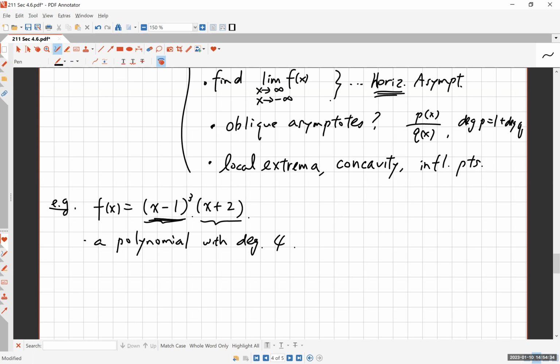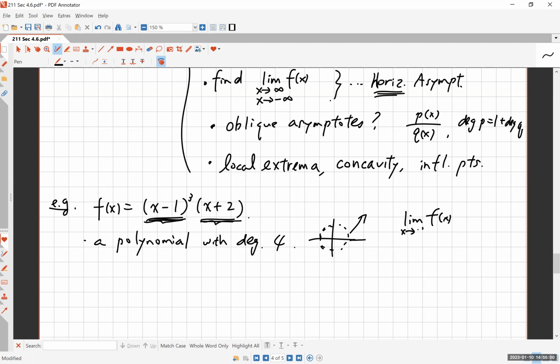If you multiply everything out here, the first term will be x cubed, and this one will give you x, so x cubed times x. The leading term is going to be x to the 4th with 1 as its leading coefficient. And therefore, for the end behavior, whatever happens close to the origin doesn't matter. Maybe I should write this down.